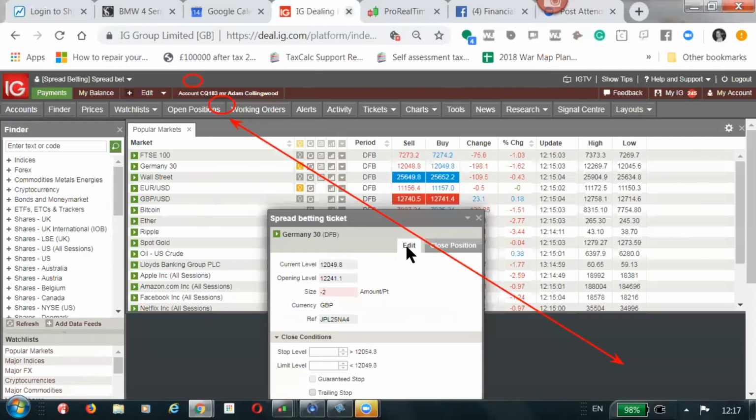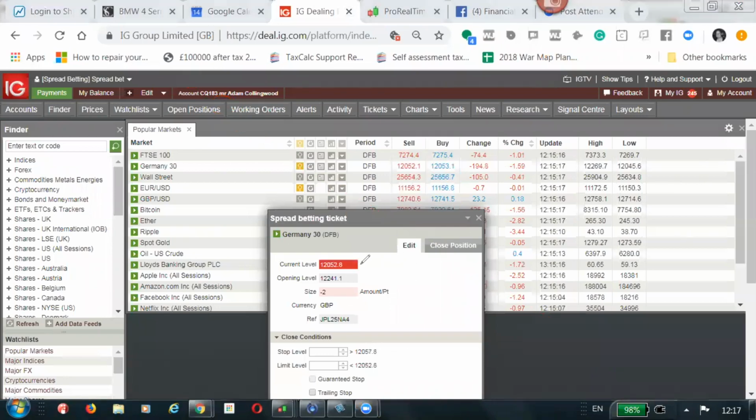Annotate, clear the old drawings. What we've got here is an open level, as I said, of 12,241, and the price here is 12,055. So almost 200 pips, which is not a bad little trade, considering we've only risked between 10 to 15 pips.